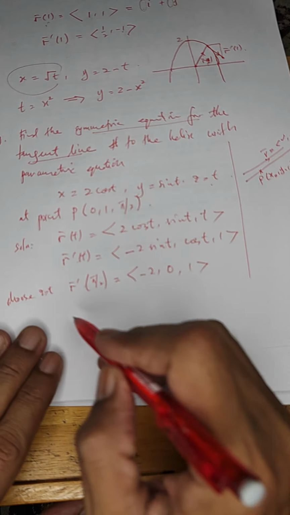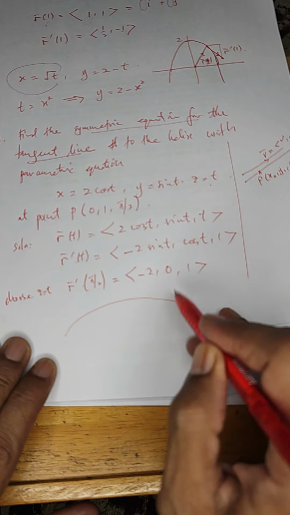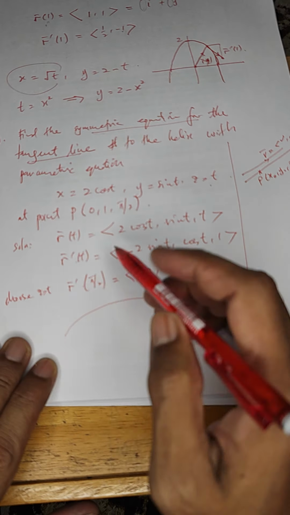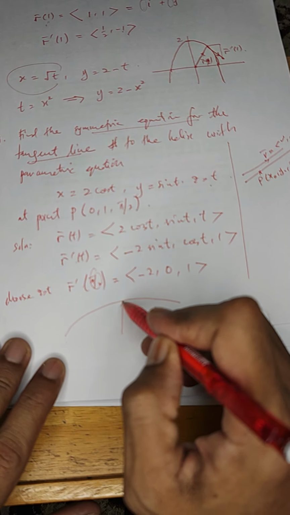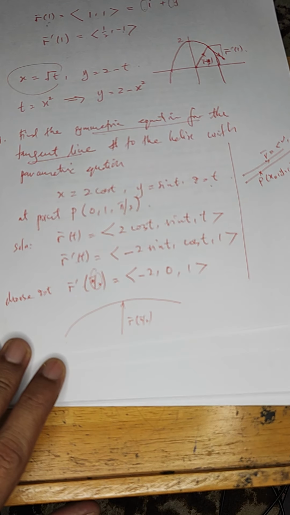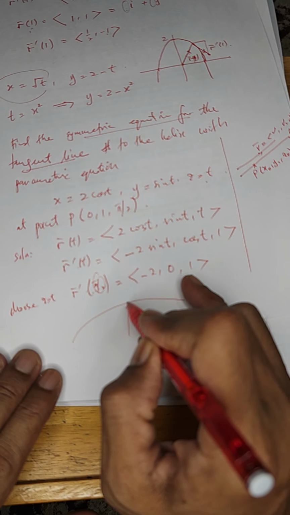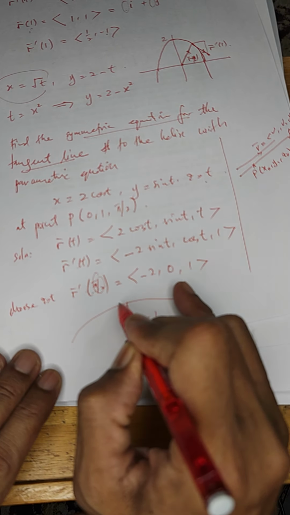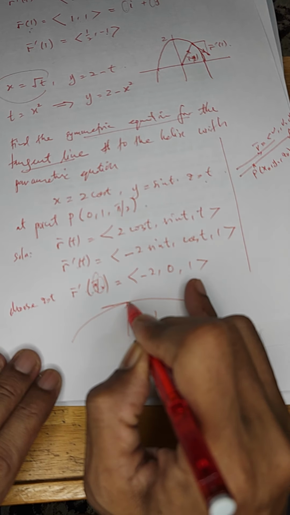You have a line, you have a curve. Let's say you have a curve like this. When t equals pi over 2, maybe somewhere here, this is your r at pi over 2, and then r prime is the tangent touching that point.